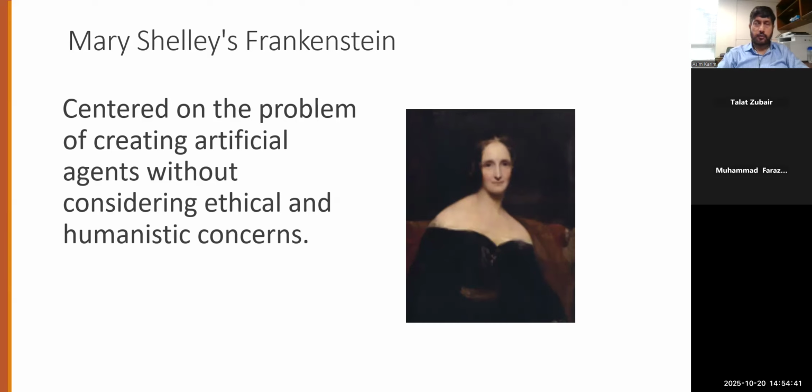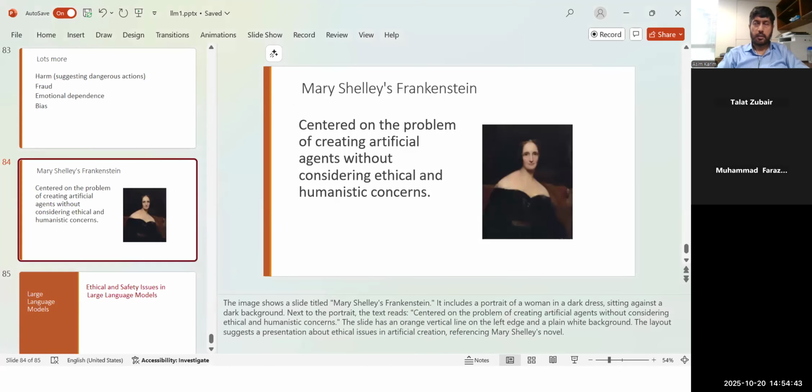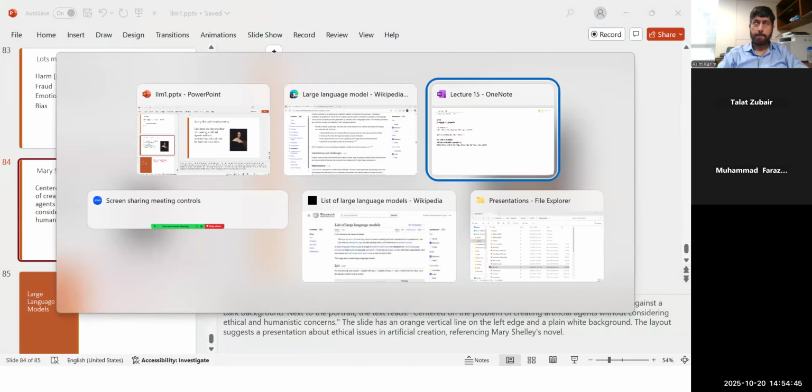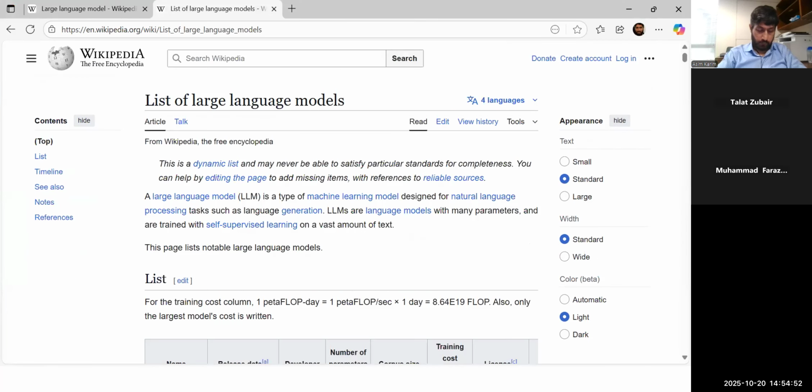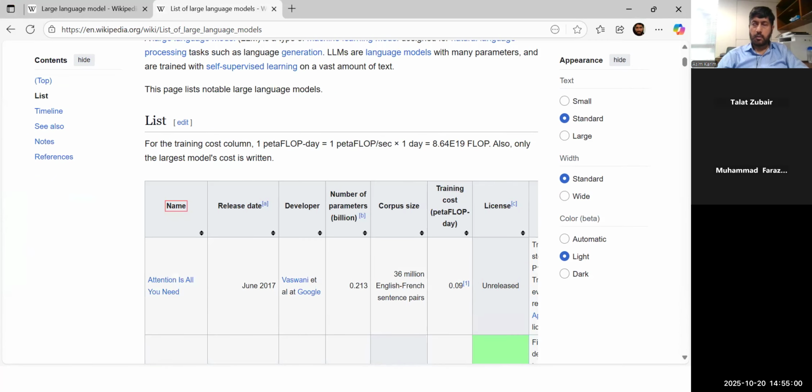Okay. So let's quickly look at another thing. This again, from a page from Wikipedia, has a list of large language models. You can see that this table has almost 85 rows in it, so there are 85 large language models.